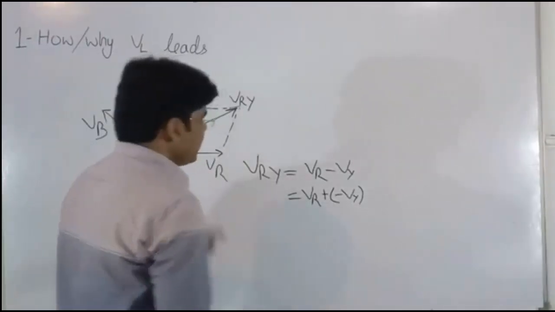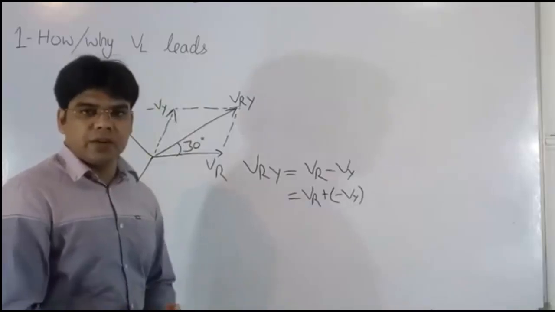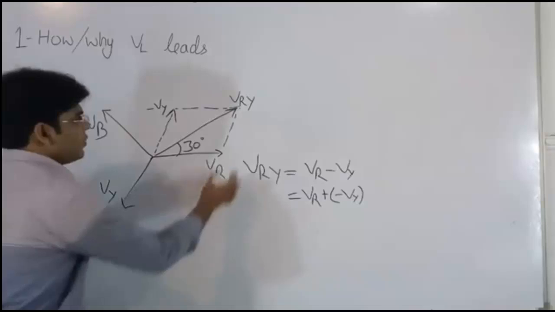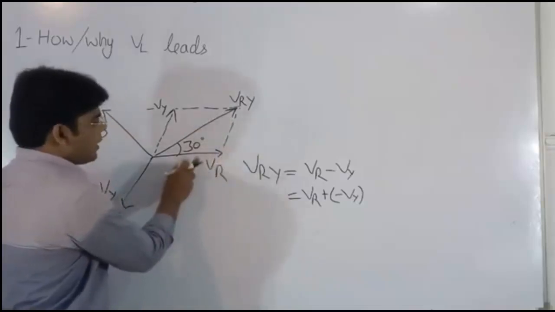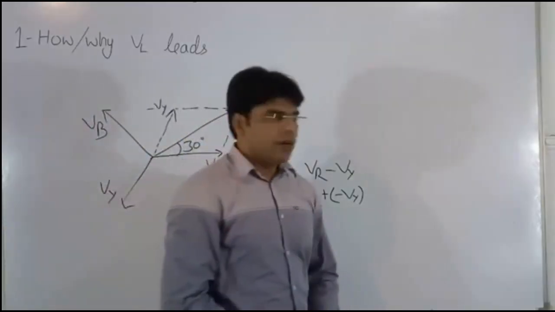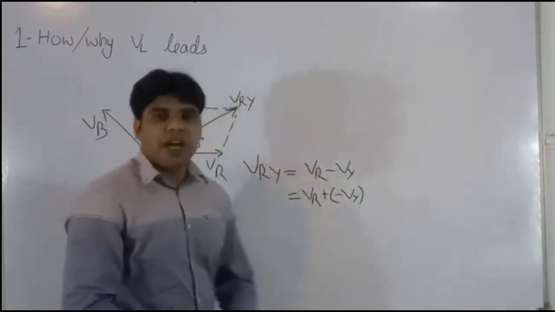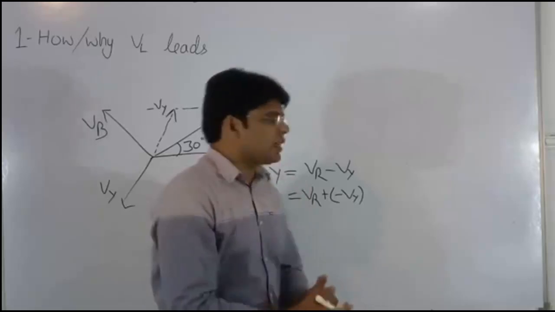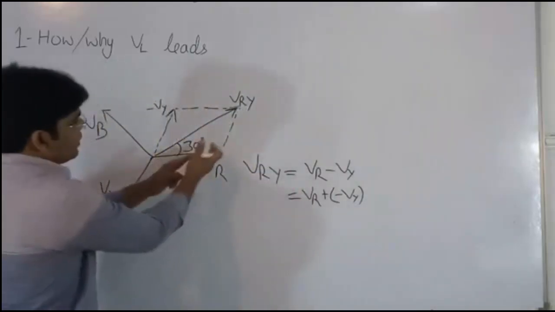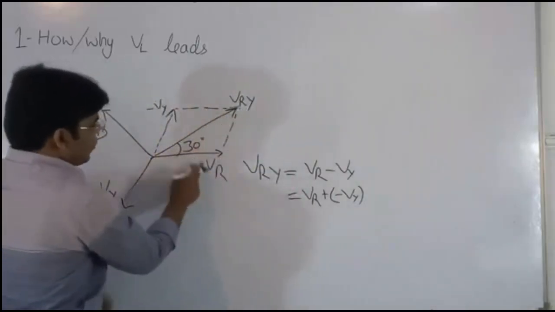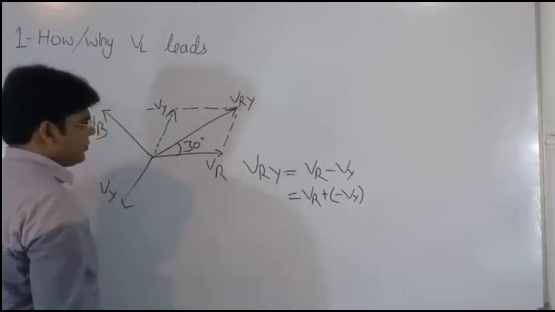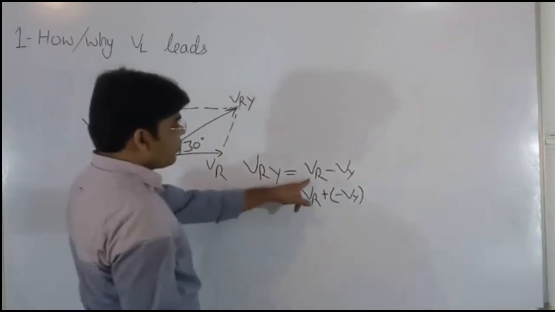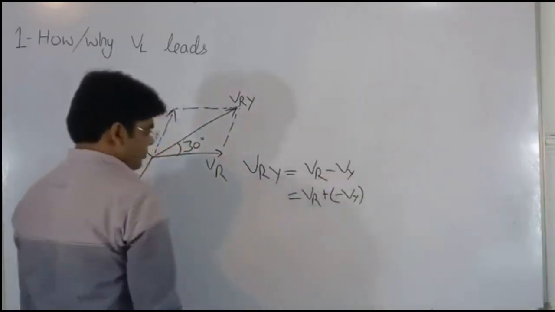But this figure is representation only. From this figure we can get that VRY is leading VR by 30 degree. But from this figure we are unable to get the actual reason why line voltage leads phase voltage by 30 degree. And one more point, that here we have taken VRY equal to VR minus VY.